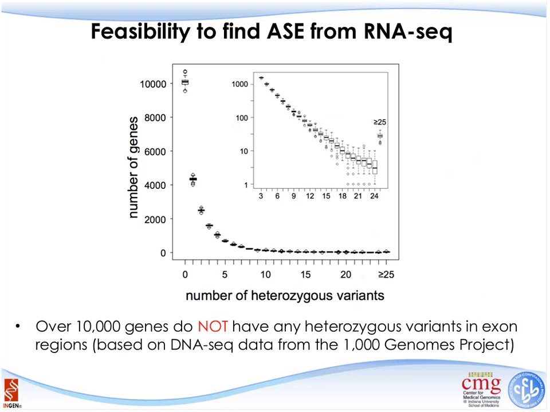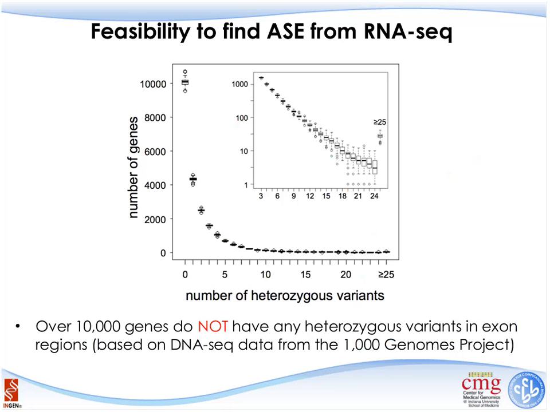And another issue is that when we try to study allele-specific expression, we have to rely on the presence of heterozygous variants in the coding region. And if there's a gene with no heterozygous variants in the coding region, we can pretty much forget about identifying allele-specific expression.